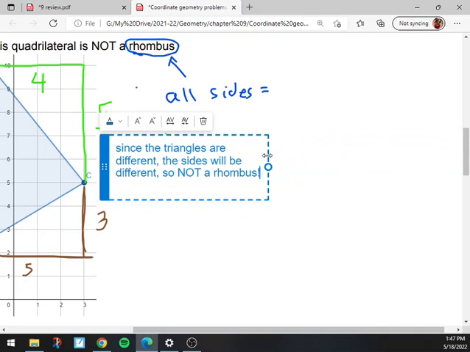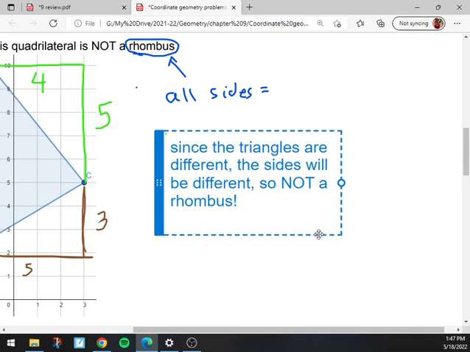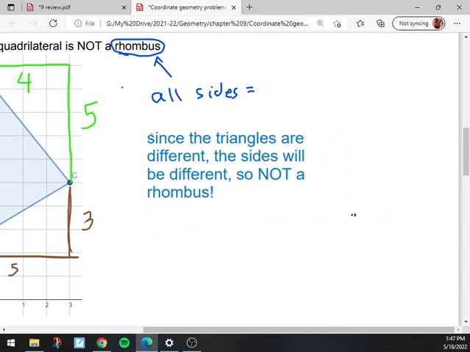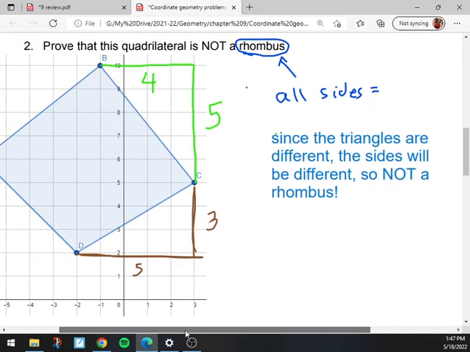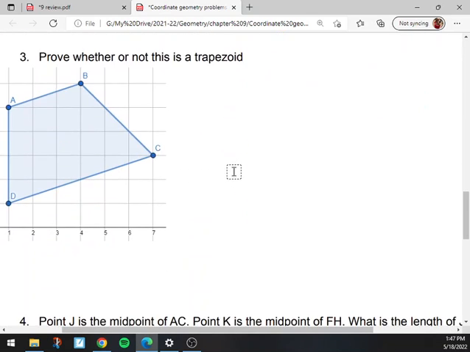That's one way you could word it. I think there's dozens of ways you could word this that would be appropriate. So I'm not going to say that's the way you have to word it. So that's number 2. On to number 3.